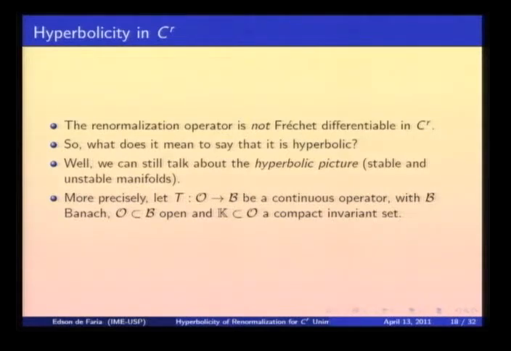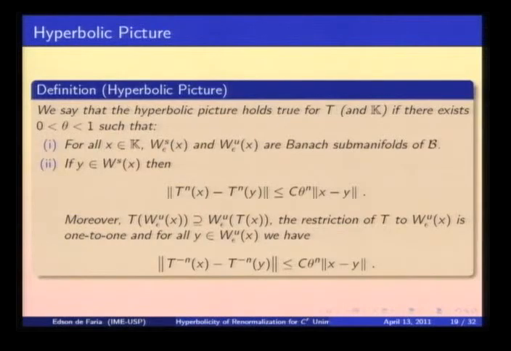To make this notion more precise, suppose you have a continuous operator T on some open set in a Banach space, and you have a compact invariant set. Then the hyperbolic picture is what you would expect. You say that the hyperbolic picture holds true for T if there exists a constant between 0 and 1, which is going to govern the contraction and the expansion, with the usual properties.